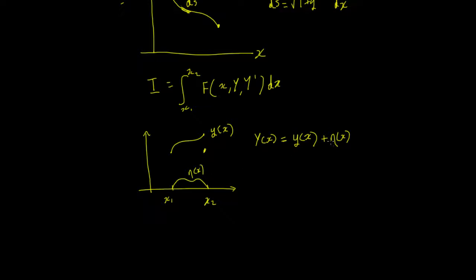Now what we want to do is produce a family of curves that start at this point and end at that point, and the family of curves have to be able to be generated by a simple change of a variable. Well, we can do that easily if we introduce a variable called epsilon. So I'll put it actually this end.